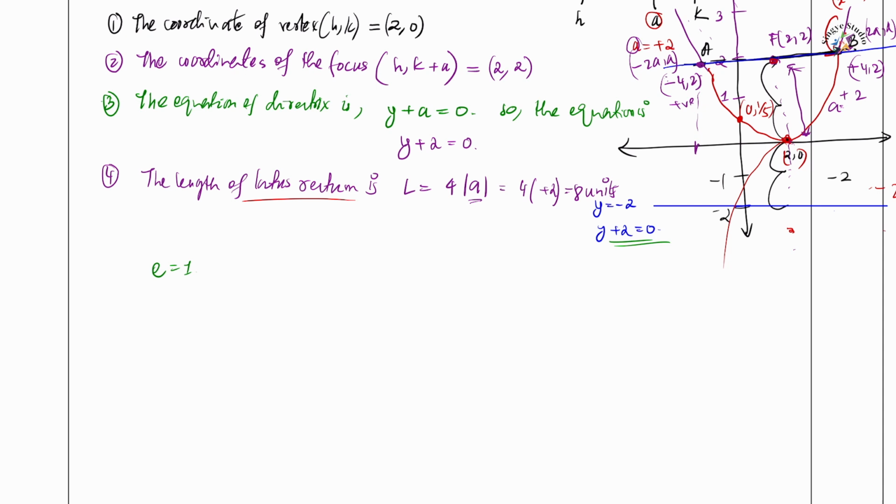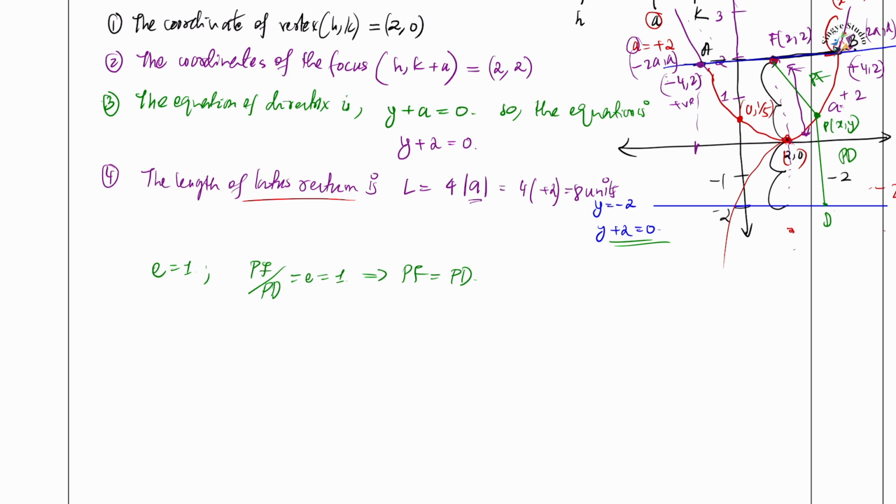From the definition of eccentricity, if we assume that this is the locus with (x, y), then the distance from the focus, which is PF, and the distance from this point to the directrix, PD, satisfy PF divided by PD equals e equals 1, which means PF equals PD.